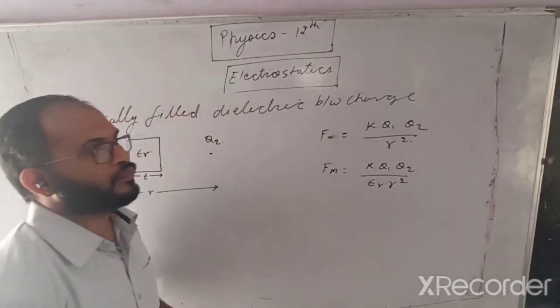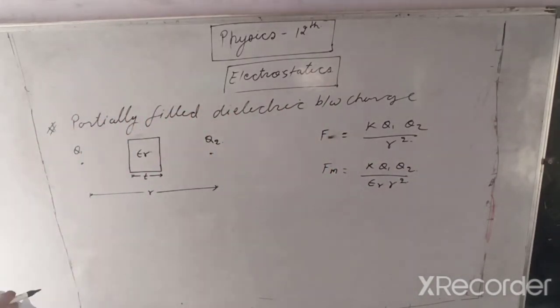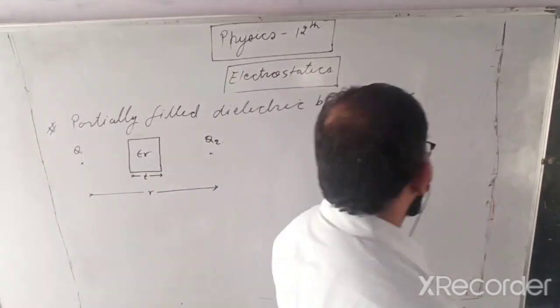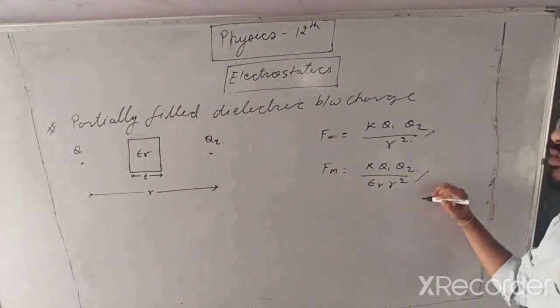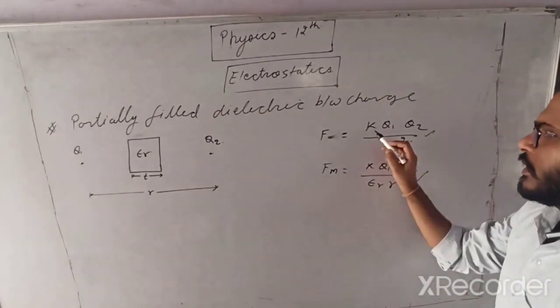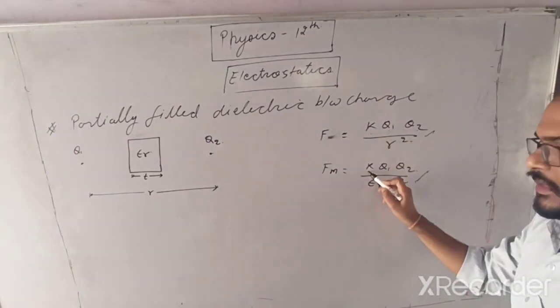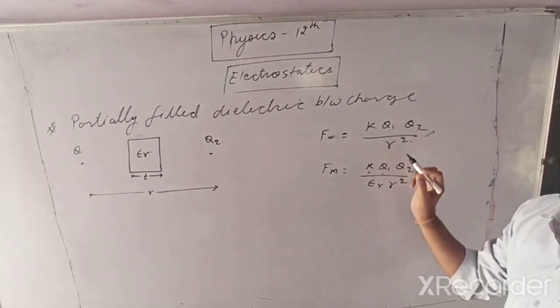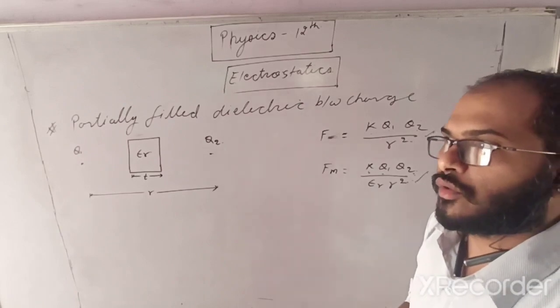Is that clear? Now if we compare these two equations, K Q1 Q2 is the same in both, but the separation differs.